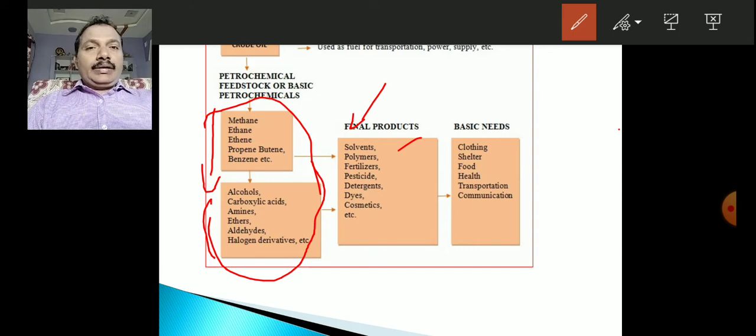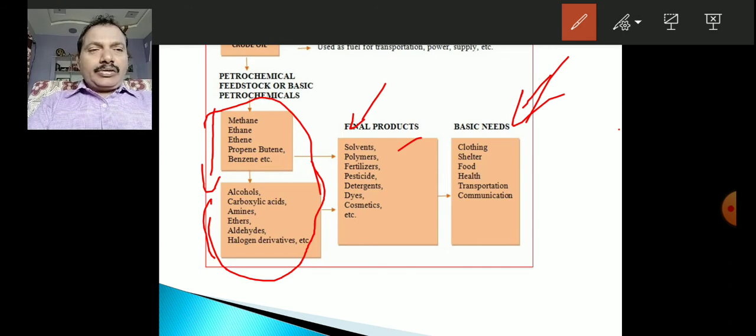With the help of these items, we can manufacture clothing, shelter, food, health, transportation, and communication. That means without petrochemicals, we can't live.